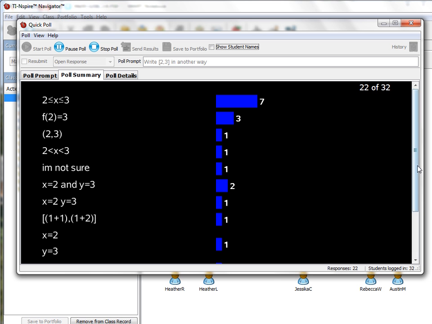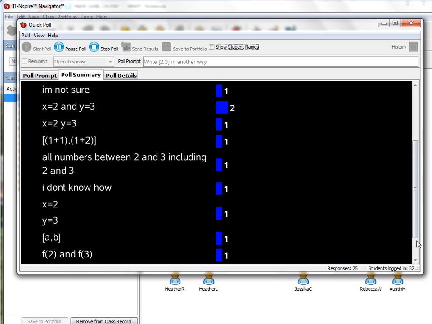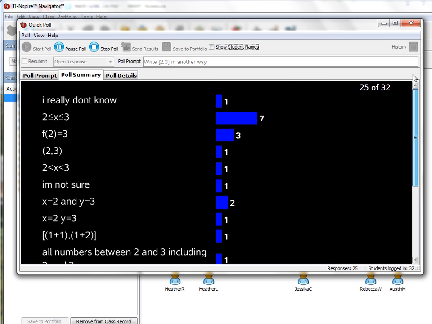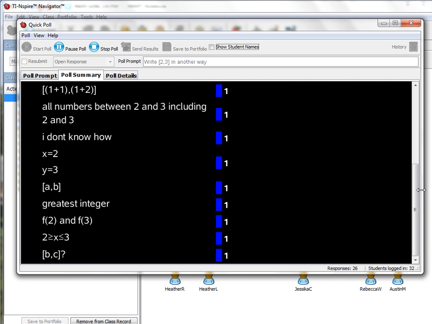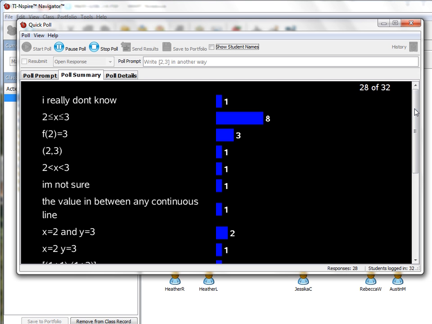Okay, getting some good right answers there, but I'm getting some others that I'm not as pleased with, and you're going to have a little bit of work. We've got 8 right answers. You've got 6 more people to log in. Please log in because this is going to be my way of determining that you participated in class today. 6 more of you. Some of you I see are still typing.